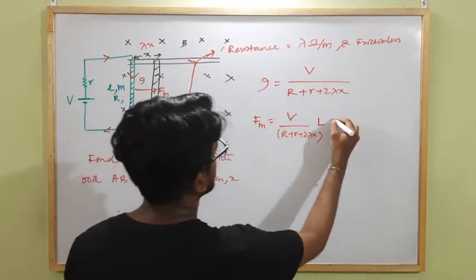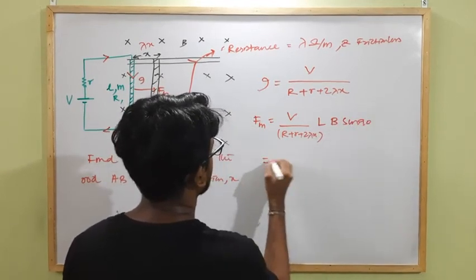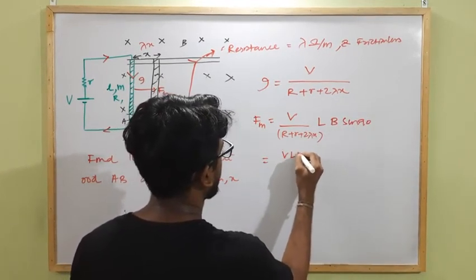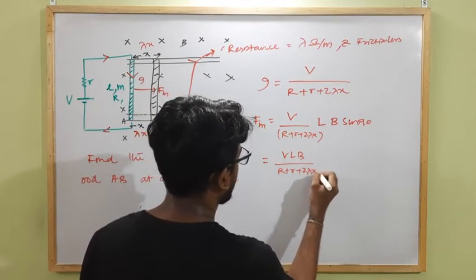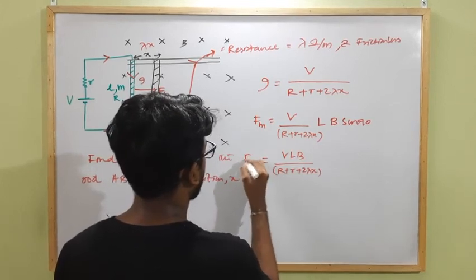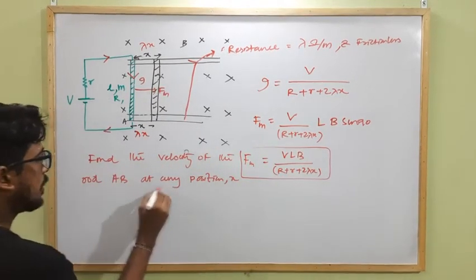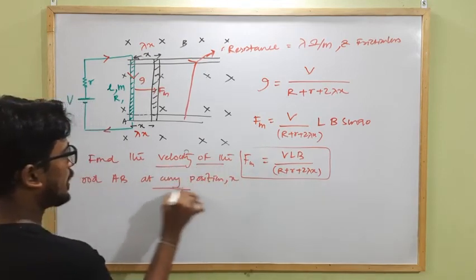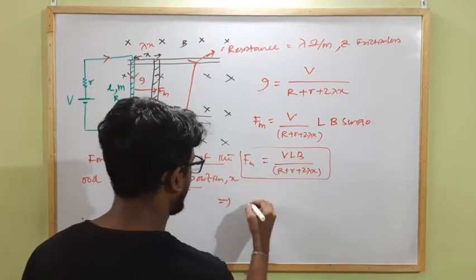Magnetic field strength is same as B, again sin 90. So the force will become VLB by R plus 2 lambda X equal to Fm. But we want what? Velocity of the rod at any position X. So we can write Fm, from this we will get acceleration.